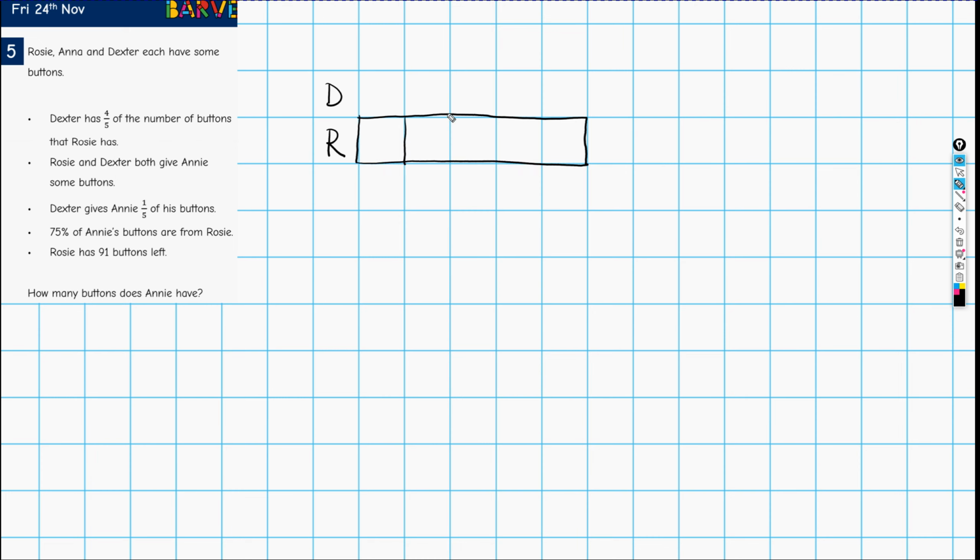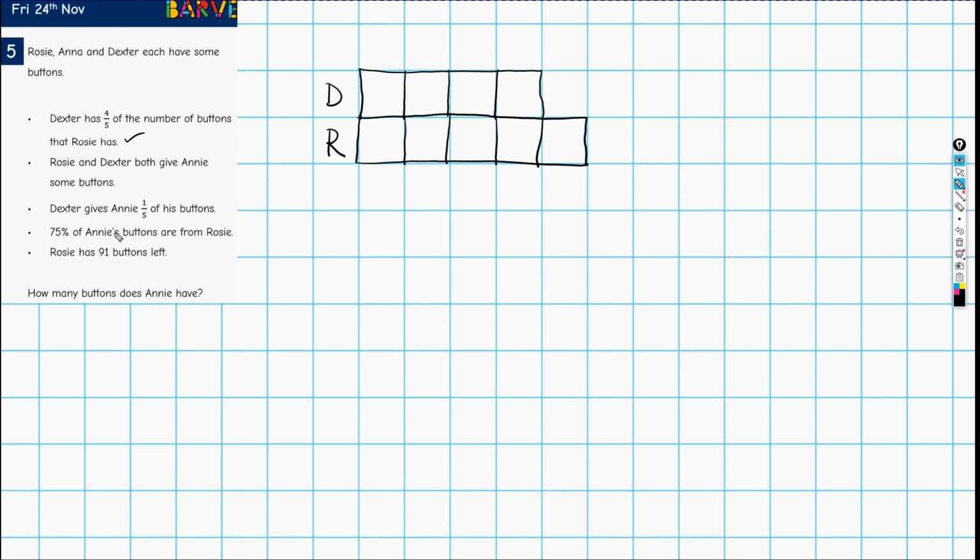So this is Rosie's bar. And if this is the amount that Rosie has, then Dexter has 4 parts that are the same size as Rosie's. Okay, so that's the bit of information we're given at the beginning.